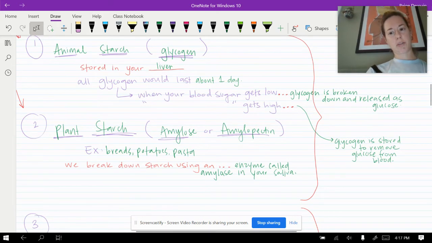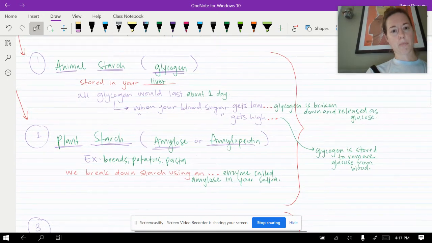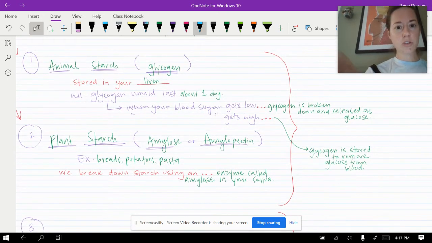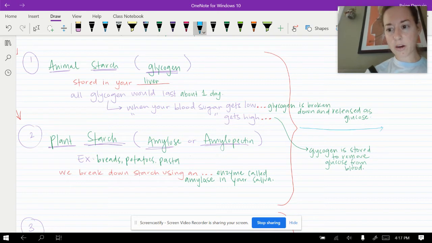Both animal starch and plant starch are energy storage carbs. So I'm going to label them. I guess I'll just go out here.